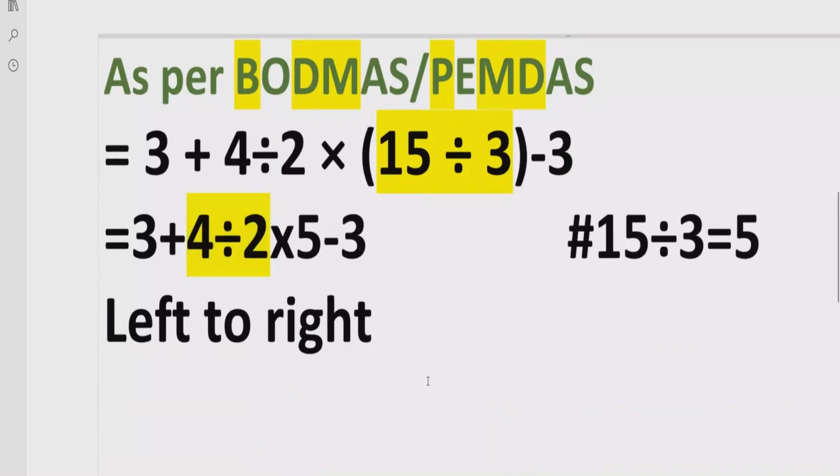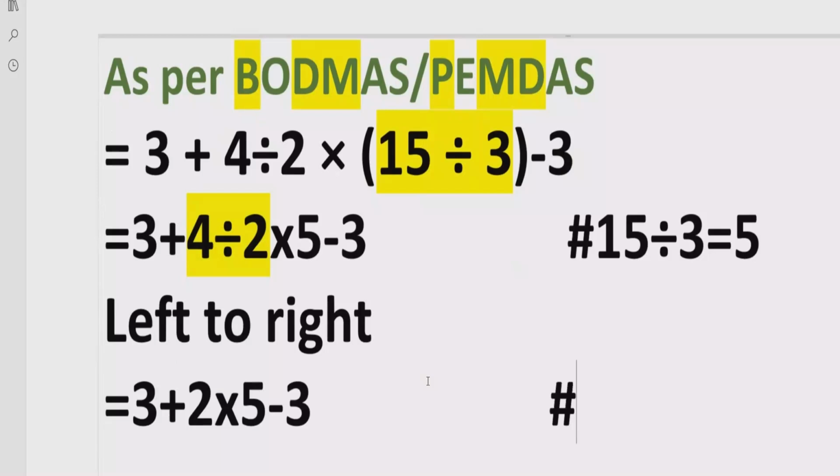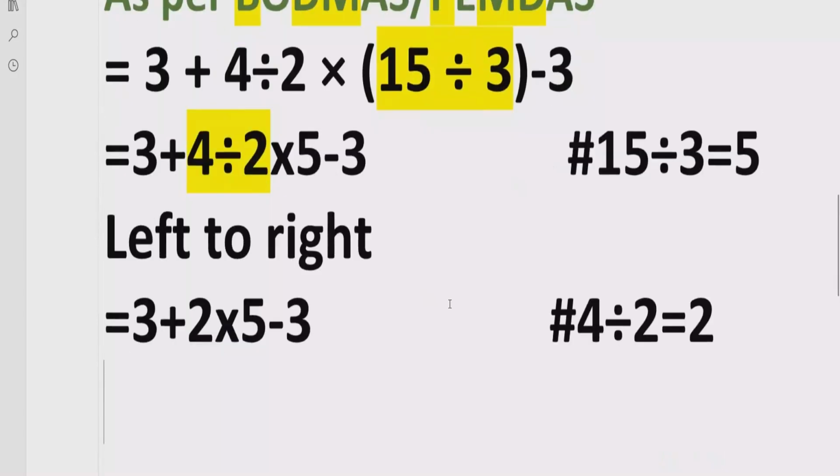First we have 4 divided by 2. 3 plus 4 divided by 2 equals 2, multiply by 5 minus 3, we will write here as it is. And here we have to give the reference like 4 divided by 2 equals 2.